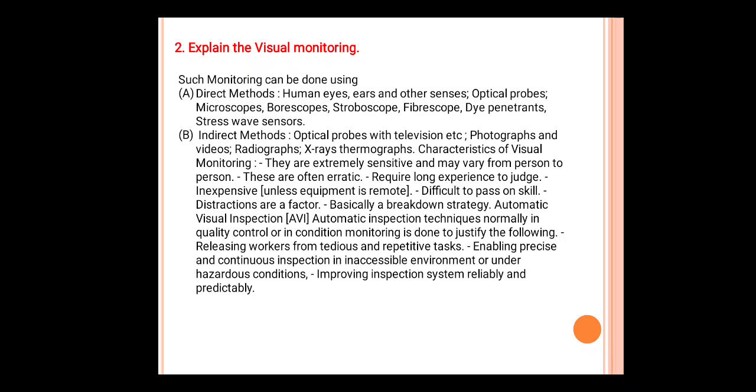Automatic visual inspection techniques, normally in quality control or in condition monitoring, are used for the following reasons: releasing workers from tedious and repetitive tasks, enabling precise and continuous inspection in inaccessible environments or under hazardous conditions, and improving inspection system reliability and predictability.